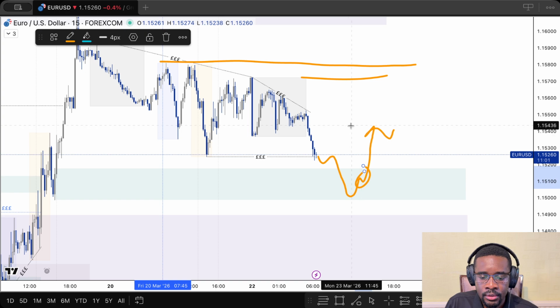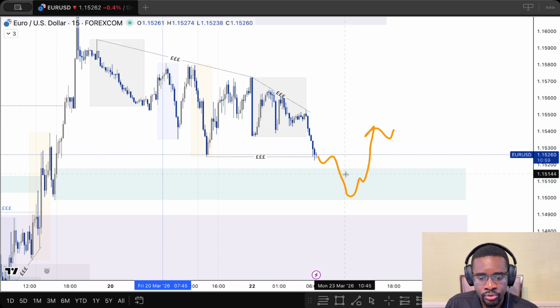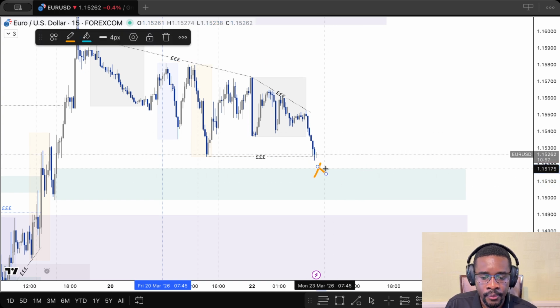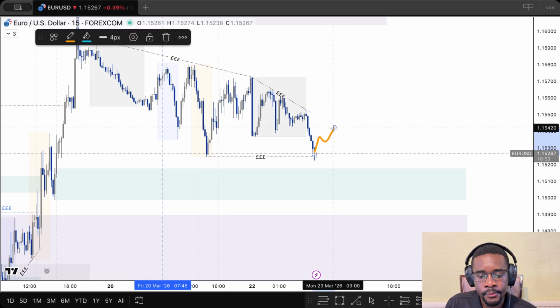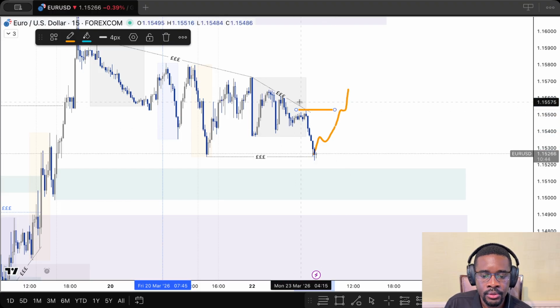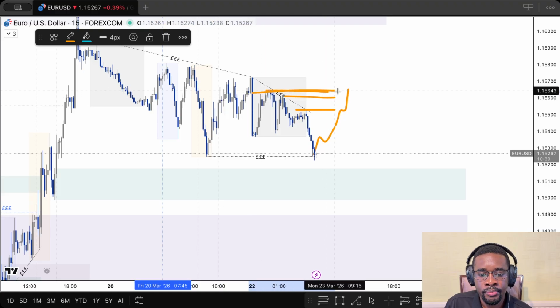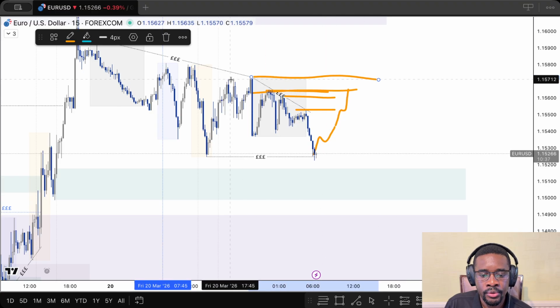Okay, so if it doesn't reach down here, and then if we start pushing up, then we'll probably have to wait and see if price comes back up, maybe it takes out any of these areas.